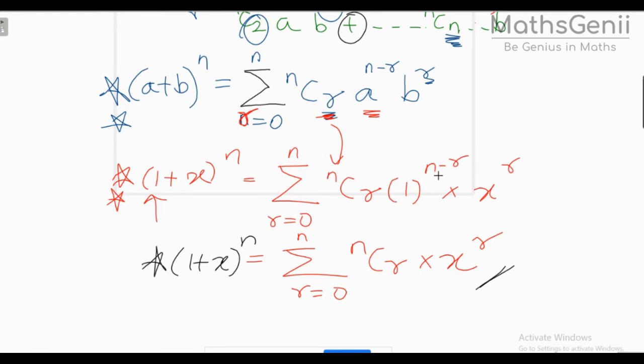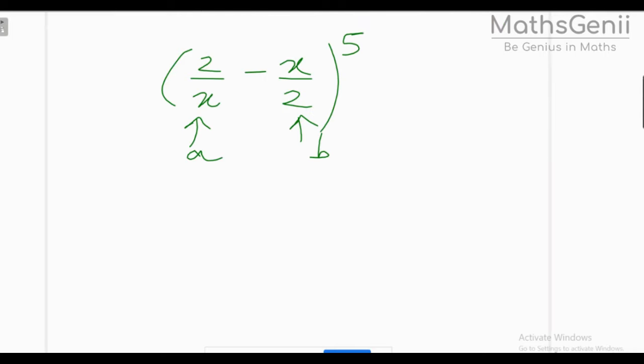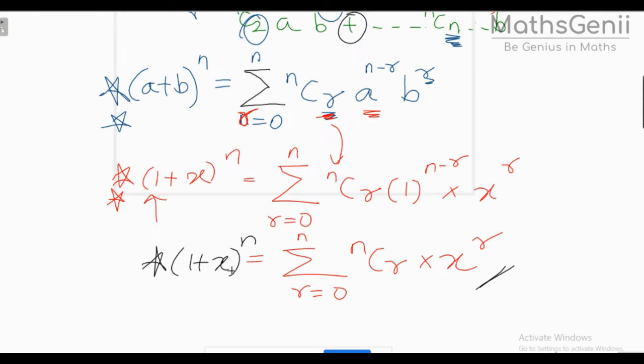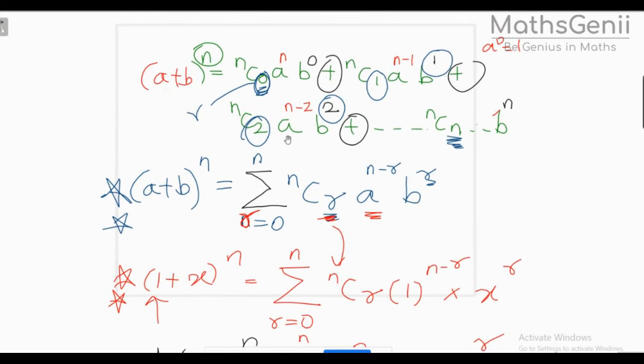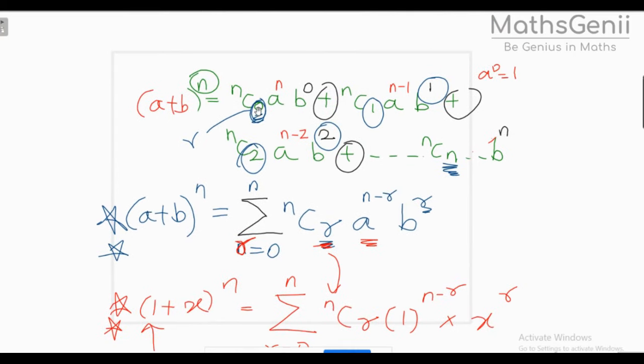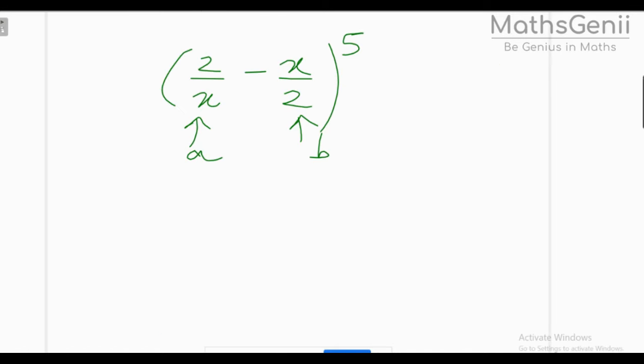NCR 1 raised to n minus r x raised to r. Correct? So let's just expand this according to what we have written here. So starting with NC0, a raised to n, b raised to 0. In this case your n is 5.